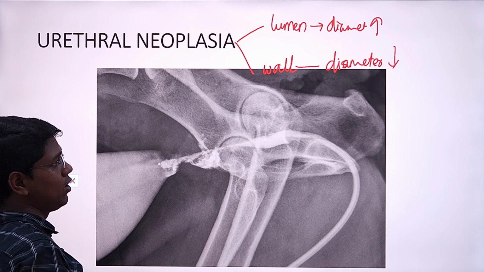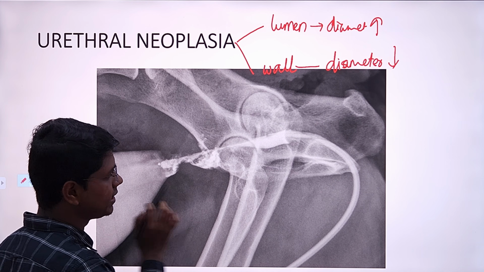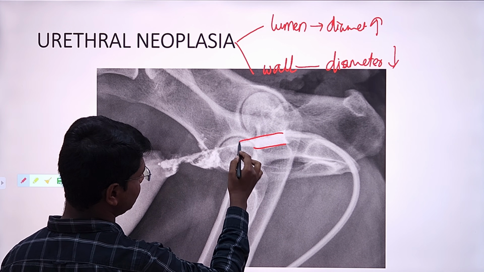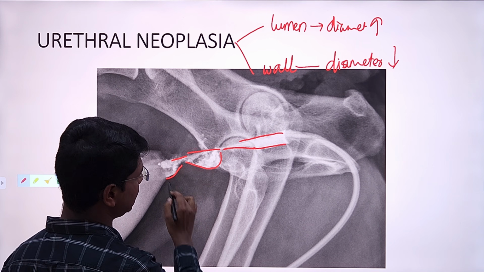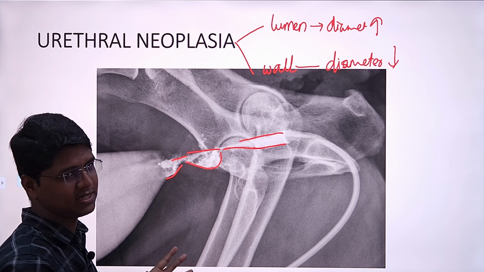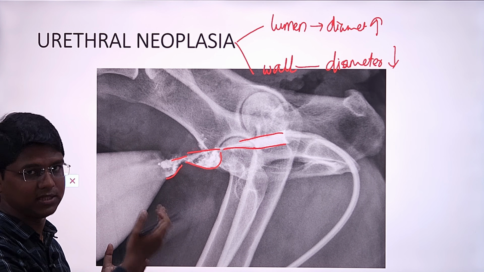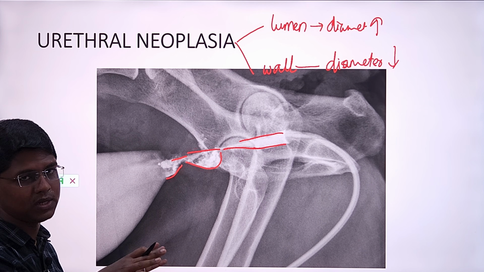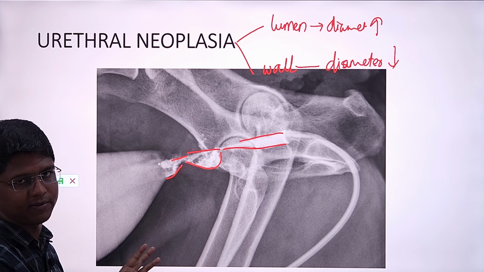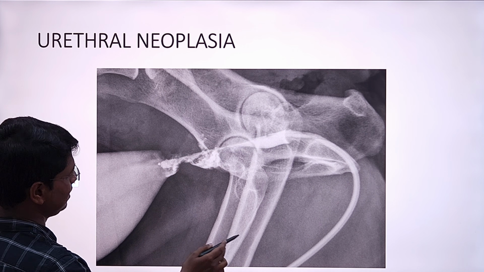You will find filling defects: here it has increased, then decreased, then increased. Usually urethral neoplasia is associated with prostatic neoplasia, which migrates and invades the urethral lumen or wall, causing these filling defects. So this is urethral neoplasia.